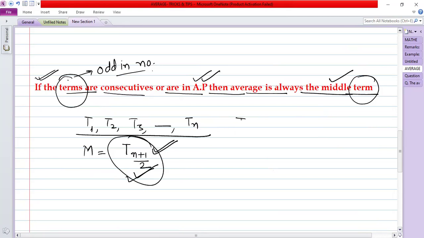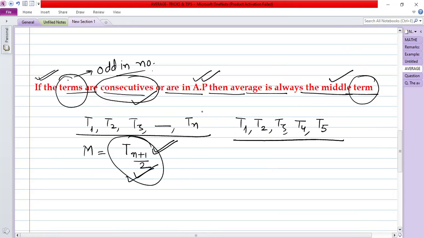For example, say we have T1, T2, T3, T4, T5. I have only 5 terms. Now these 5 terms are either consecutive, say 2, 3, 4, 5, 6, or they are in AP, arithmetic progression, for example 13, 13 plus 3 is 16, 16 plus 3 is 19, 19 plus 3 is 22, 22 plus 3 is 25.